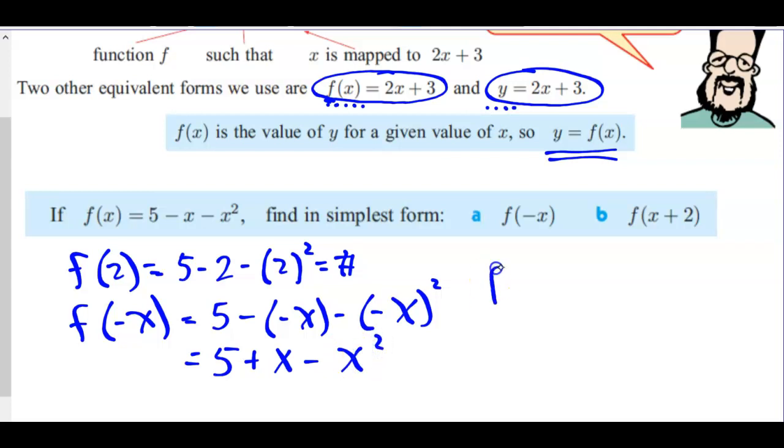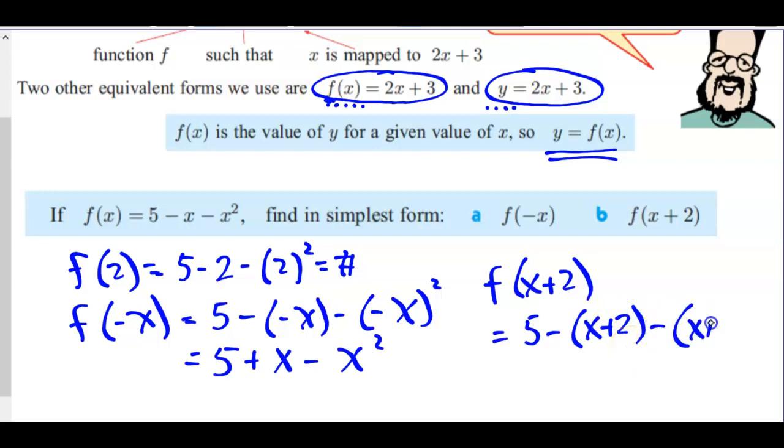That's it. F of x plus 2 would be, whatever that is, plug it into this formula, 5 minus, and then I see a variable there, so I plug in whatever I want, x plus 2 in this case, minus x plus 2 squared. Hey, I'd love to call that the answer, but we're going to want you to multiply that out.